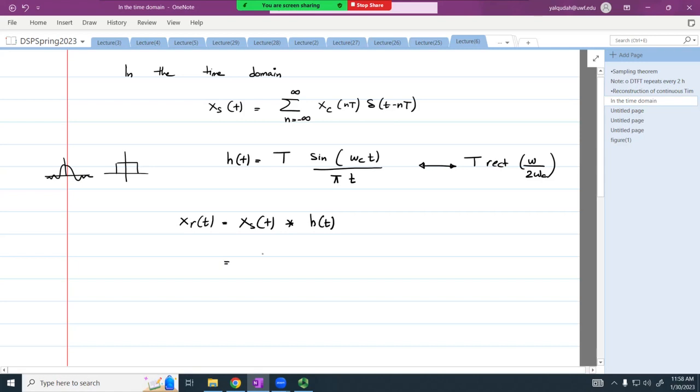Now what is this equal to? This is going to equal the summation from n equals negative infinity to infinity of xc of nT, delta of t minus nT, convolved with h of t. Together? Everybody?